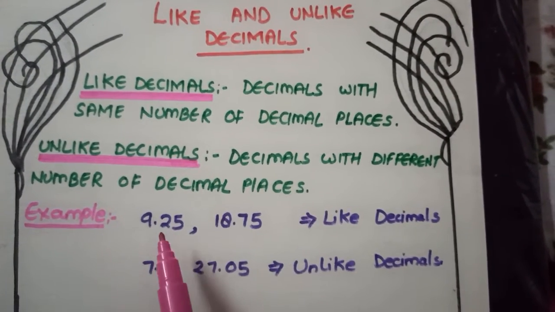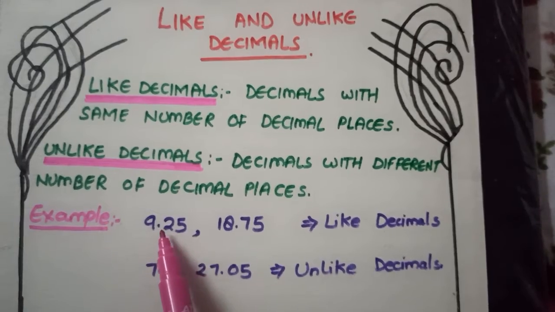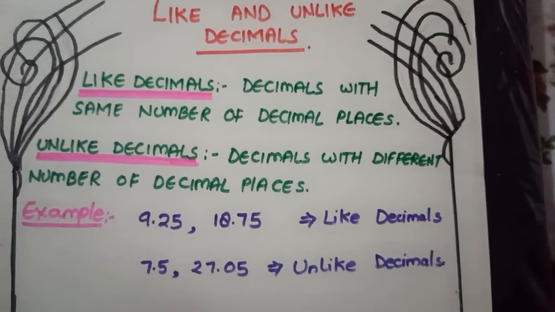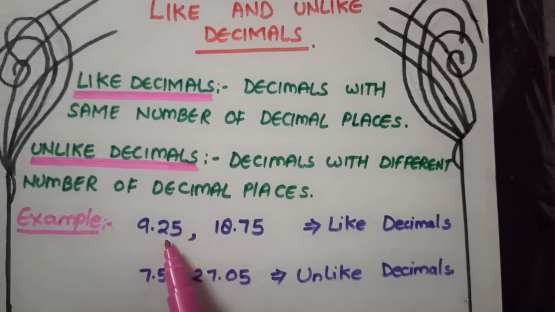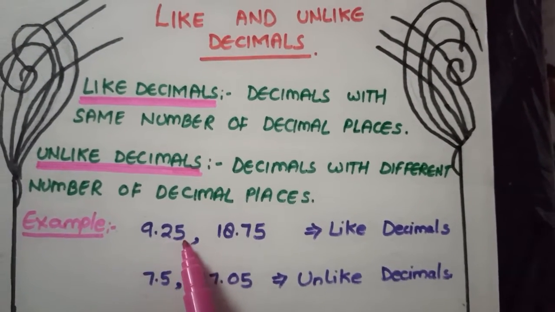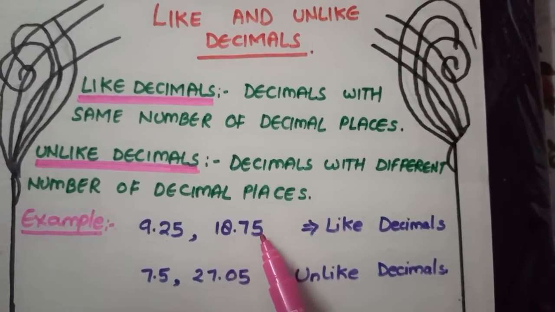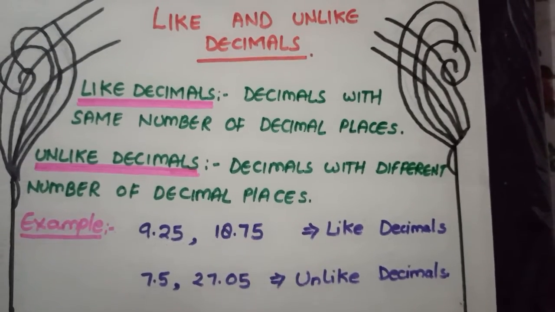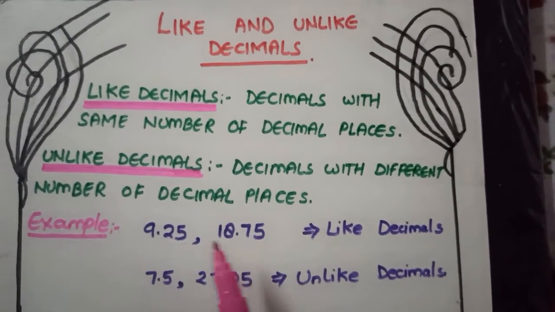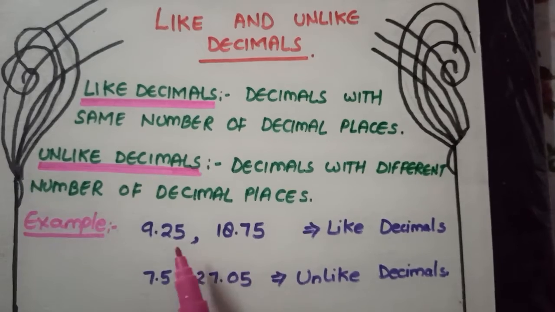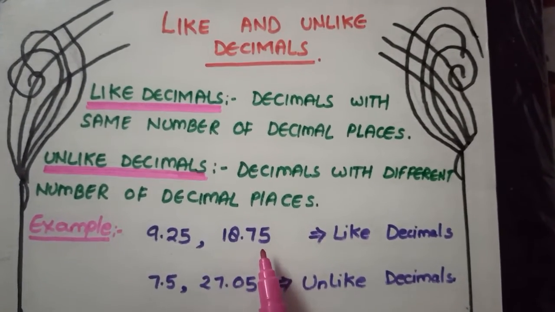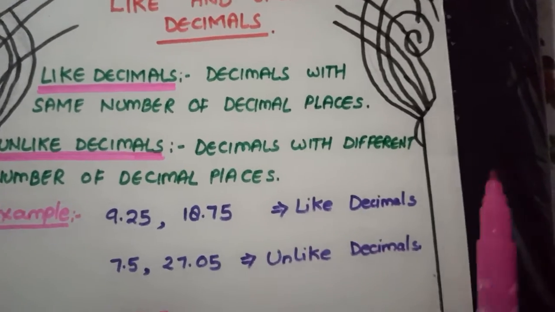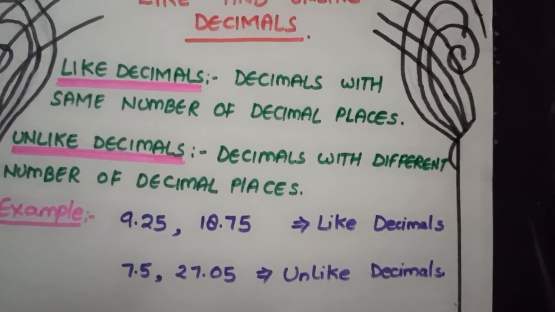Decimal places means the number of digits we have after decimal. So how many digits we have here after decimal? 2. And how many digits we have here after decimal? 2. So it means in both the numbers we have the same number of digits. 2 digits are here after decimal, 2 digits are here after decimal. So it will be called like decimal.